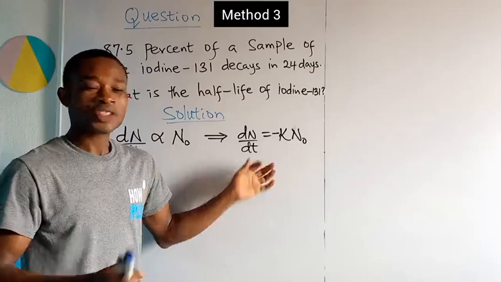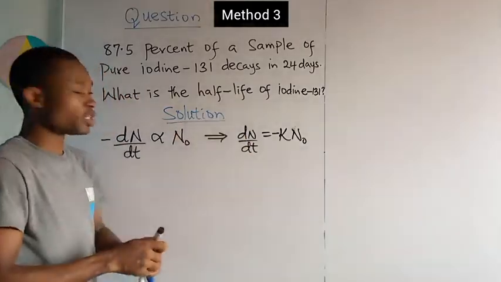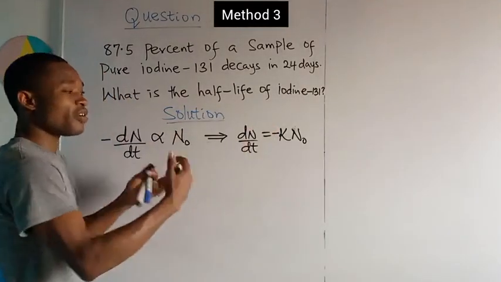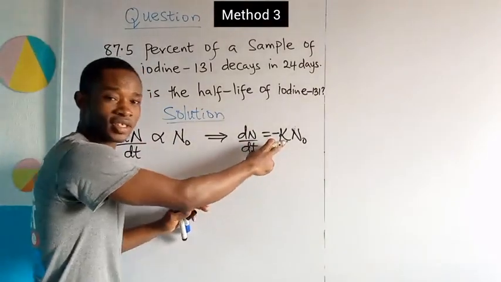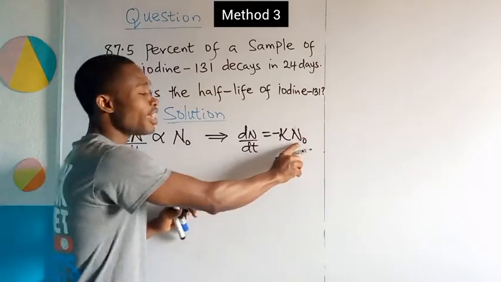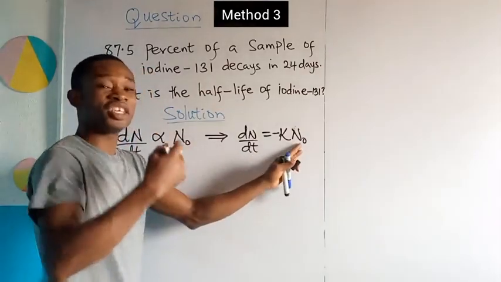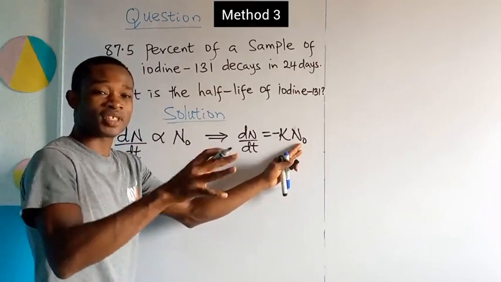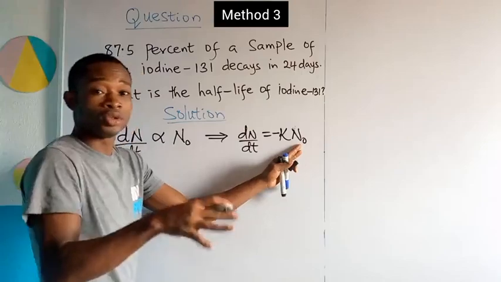Once we establish this differential equation, all I have to do is separate variables. This k is called the rate constant. It is a time constant quantity. Then this N naught is the original amount, the initial quantity of that radioactive substance that is decaying.